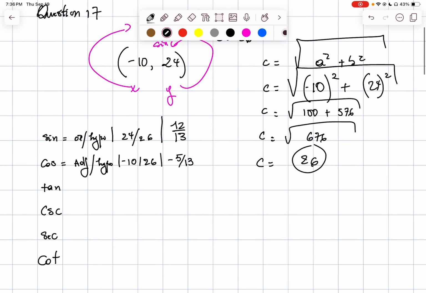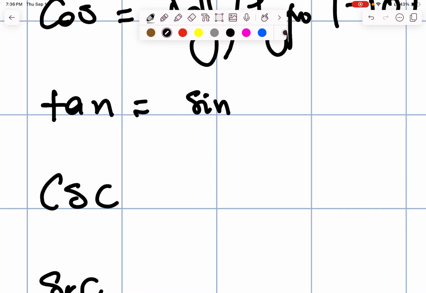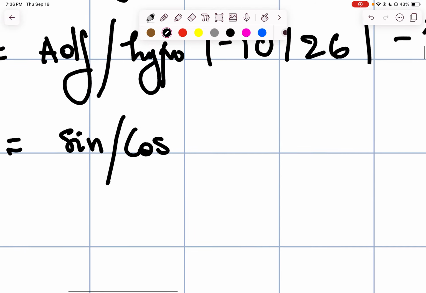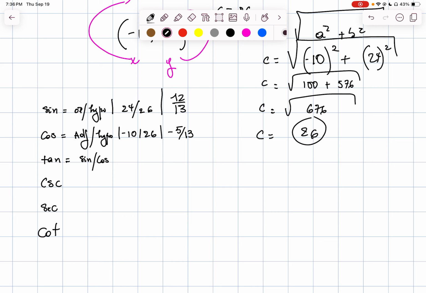Now we're going to find our tangent. Tangent is equal to sine over cosine. We already have our sine and our cosine, so we just write it down. Our tangent will be equal to 24 over 26 divided by -10 over 26.